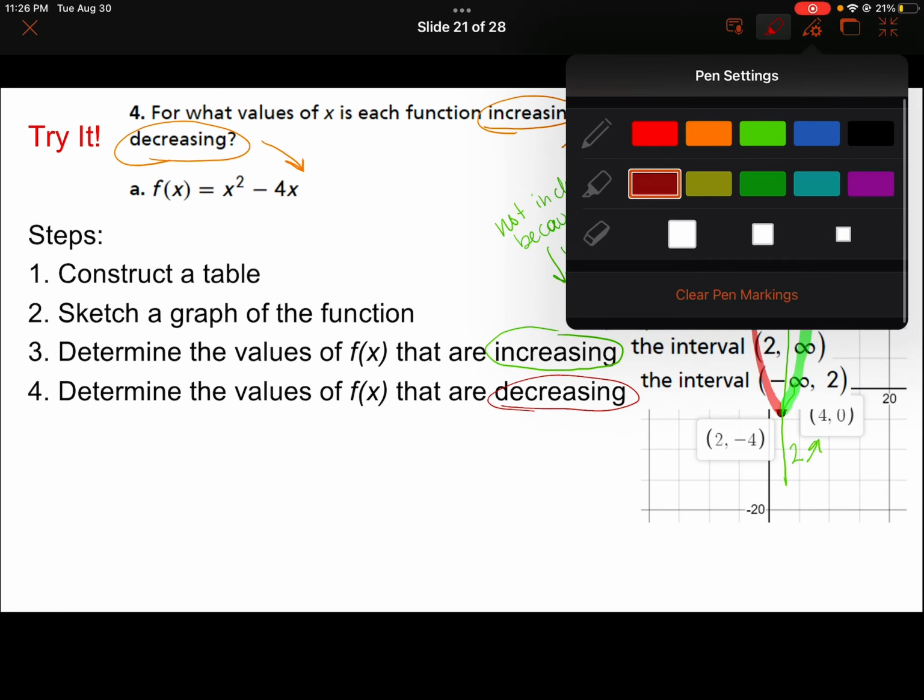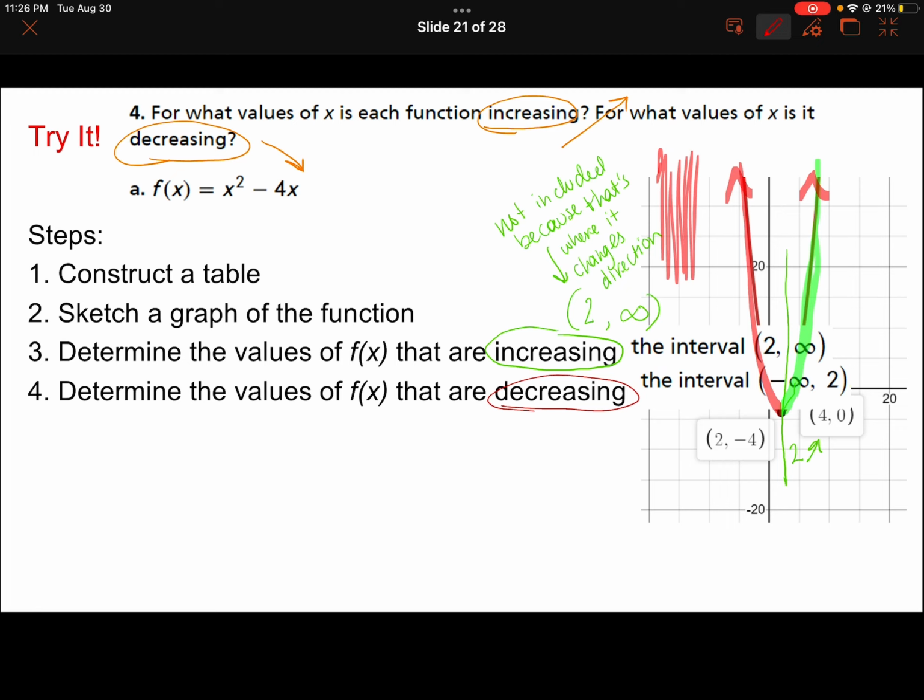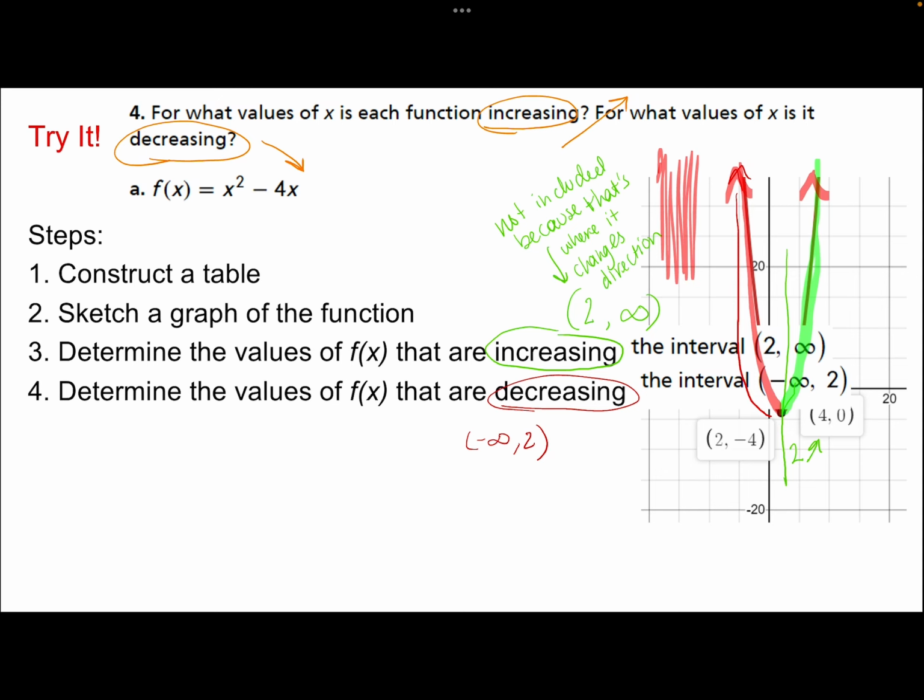So my decreasing interval would start from the left, which is negative infinity, all the way to 2. Again, it's not included because it's where it changes direction.